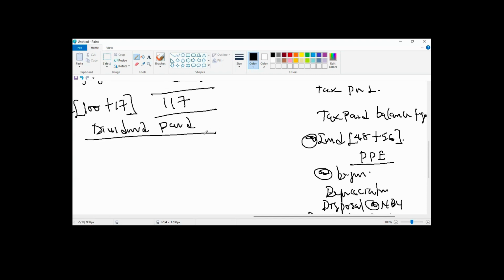What is the retained earning at the beginning? 225. Is it 225 or 255? Please correct it. It's 255. If you sum it, you will see.